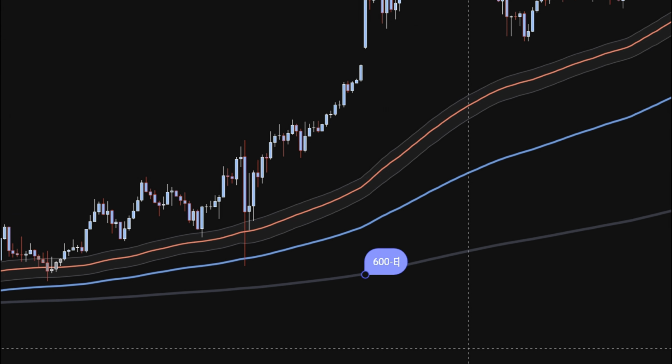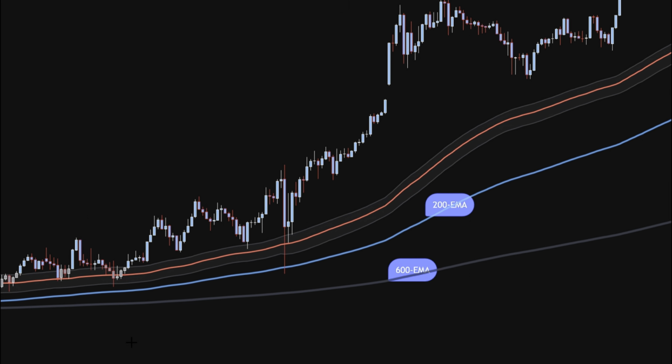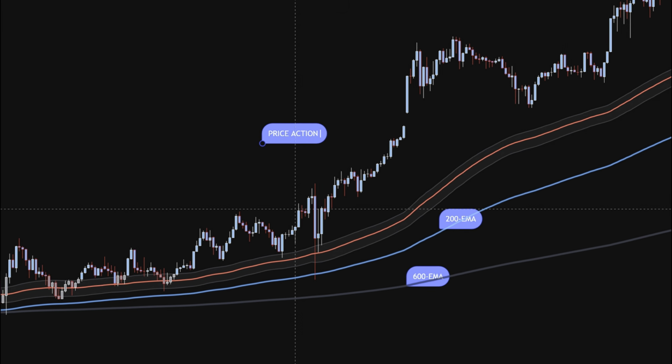Now let's talk about the trend. In an uptrend, price is trading above both the 200 and the 600. The market is making higher highs. Buyers are in control. Liquidity is flowing upward.